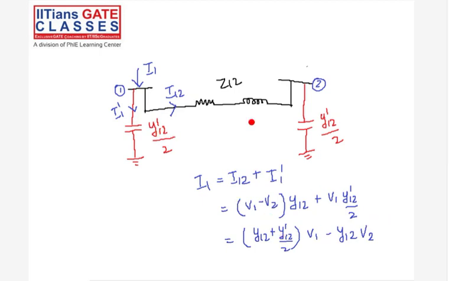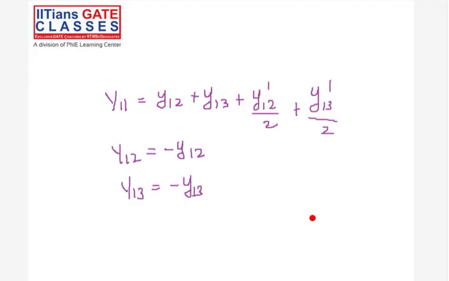So if we have a transmission line where we have to consider the capacitance, we'll divide the capacitance by 2 and add it to the diagonal elements of the two nodes, right? So if you are looking at the 3-bus system, it's basically Y12, Y13 plus half line capacitance of the line between 1 and 2 and 1 and 3.